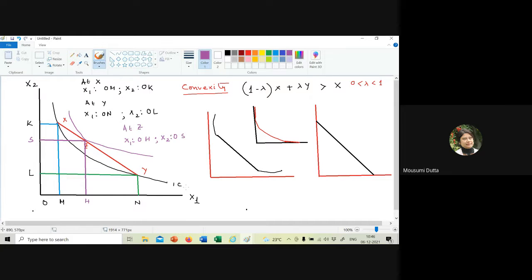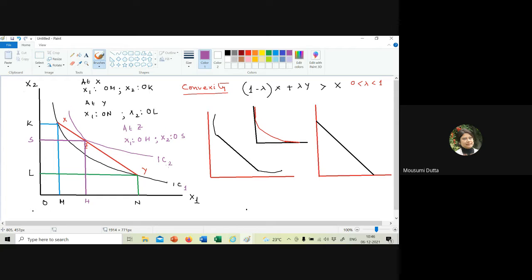Suppose this is IC1, so this is IC2. Are we understanding IC2 is giving a higher level of satisfaction than IC1? IC2 is a higher indifference curve. Are we understanding this? Yes, ma'am.